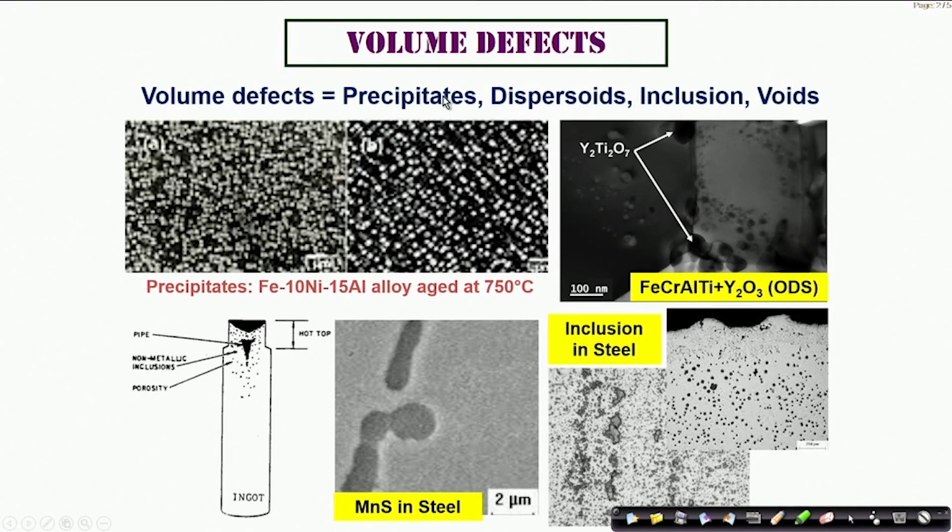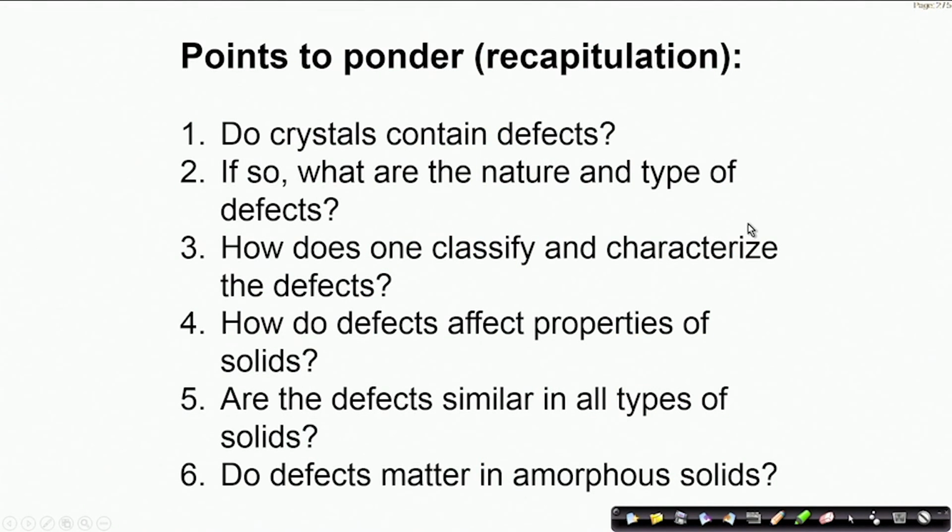And these three-dimensional entities can vastly affect the mechanical properties of a material. In some cases they are undesirable, in other cases they are desirable, but the fact remains that dimension-wise they are different.